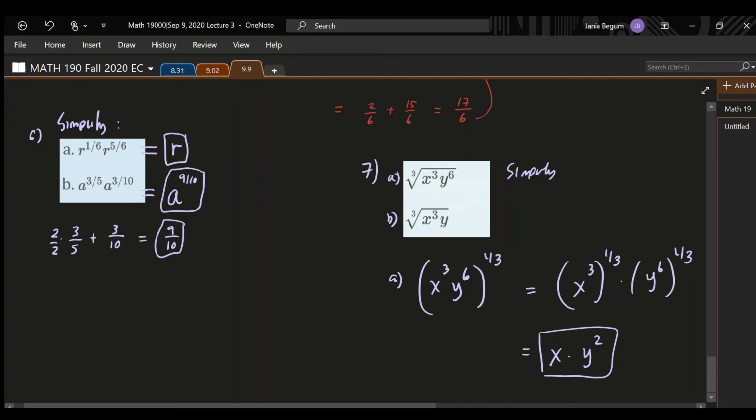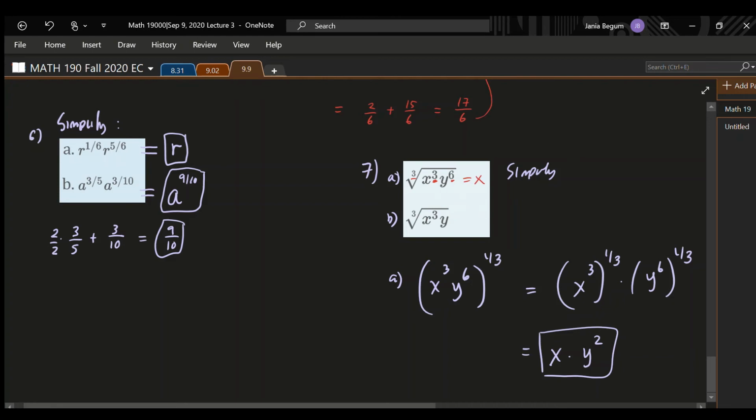Another way is to just mentally look at the powers, okay? So make an observation. This is to the third, this is to the sixth. And when you rewrite it as an exponential power, you're pretty much dividing the exponent by 3, right? So you're taking x cubed, dividing it by 3. Well, that's just x, right?